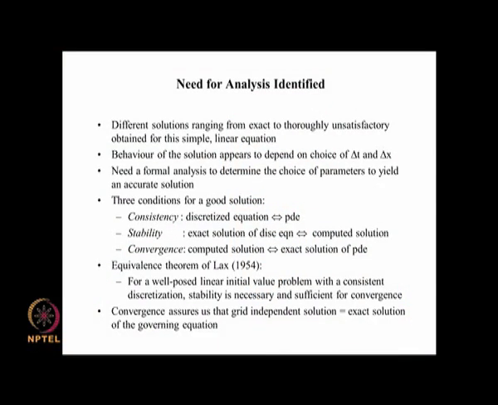Okay. So if we want convergence, we define convergence as the computed solution being the same as the exact solution in the limiting case. Why in the limiting case? Because we know that we are making approximations of the derivatives, and these approximations involve truncation errors of the order of delta x or delta x square or delta x cube, and similarly for delta t.